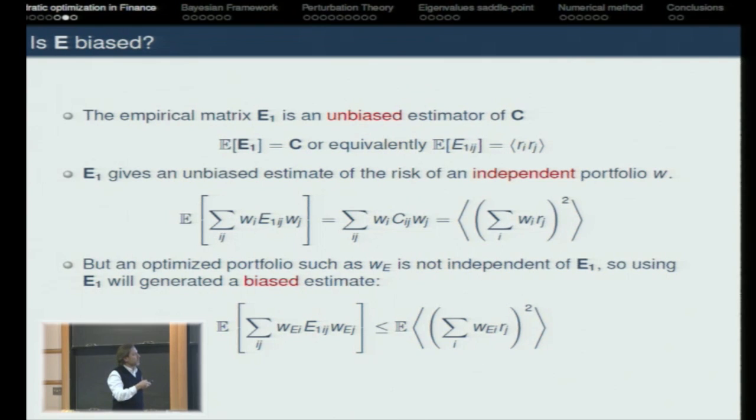But my covariance matrix is really the expectation value of Ri and Rj at some later time. So this is why I'm using these brackets for sort of out of sample.